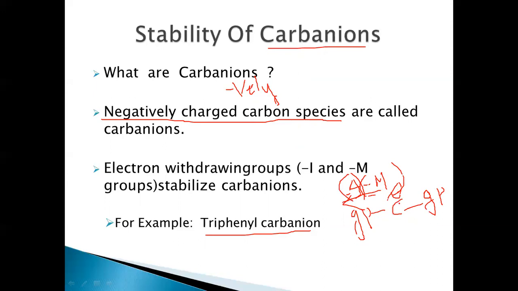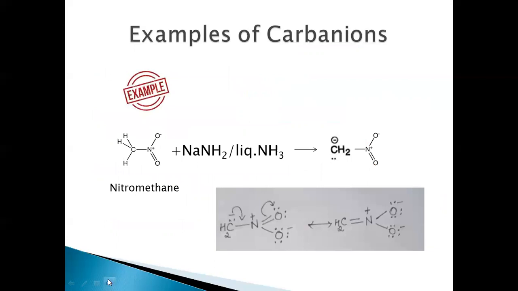If the negative charge present on this carbon is shared by the adjacent groups by means of minus I or minus M effect groups, then the carbanions are stabilized. Let's see examples of these carbanions now.